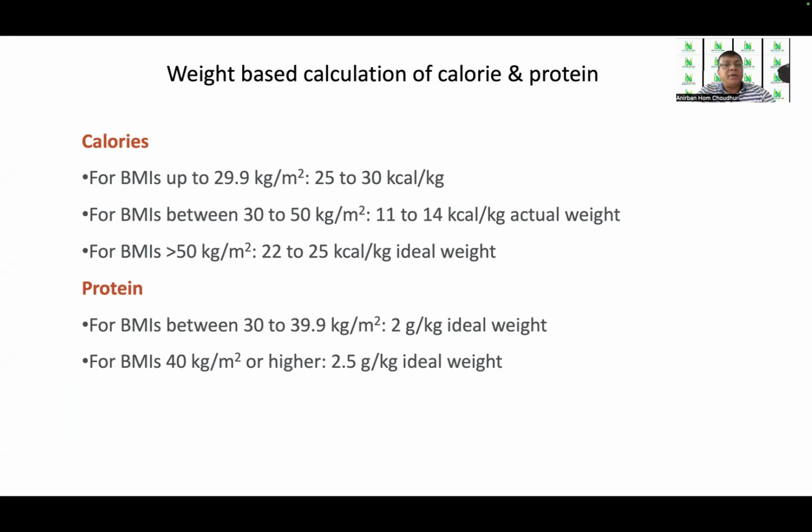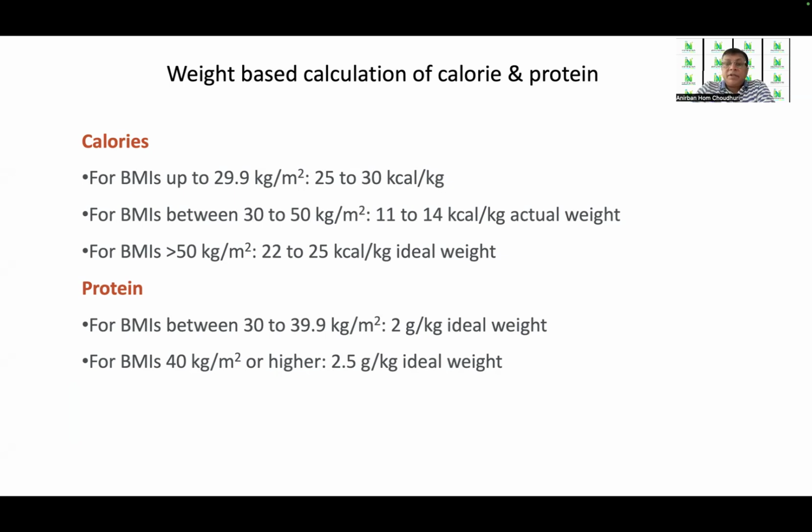And for BMIs of more than 50, 22 to 25 kilocalories per kg of ideal body weight. So in this case, you have to remember that these terms, although they sometimes appear synonymous, ideal body weight, actual body weight, etc., are not exactly the same.